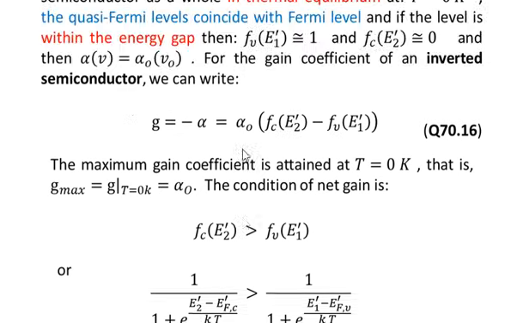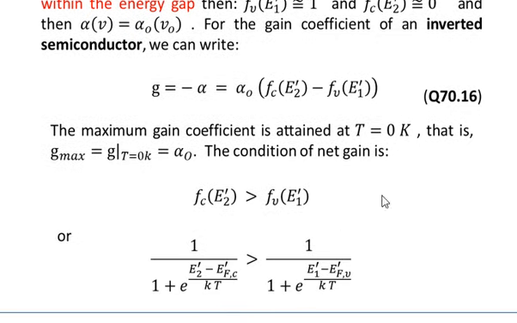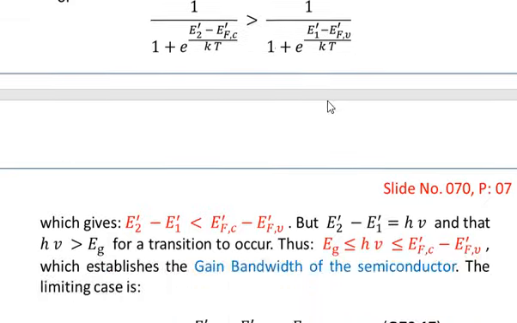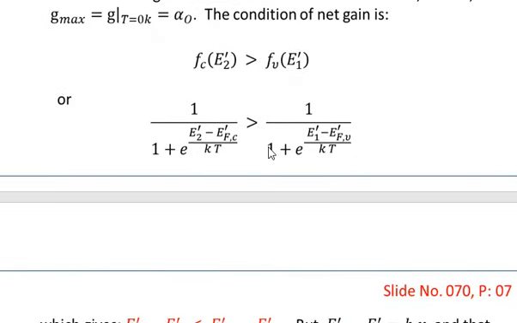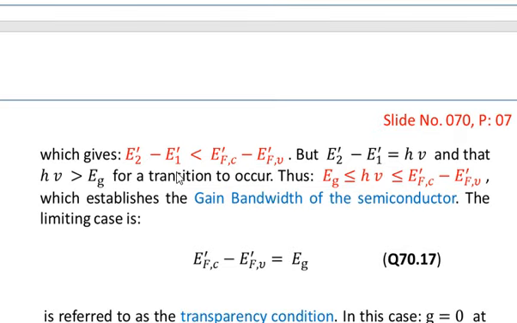So this is how we have explained the inverted semiconductor through this expression, and we have also introduced the gain. If we solve this inequality, we shall find that E2 prime minus E1 prime is less than the difference of their quasi-Fermi levels, that is EFC prime minus EFV prime, because EFC prime is lying in the conduction band and is a positive quantity, and EFV prime is lying in the valence band and is a negative quantity.